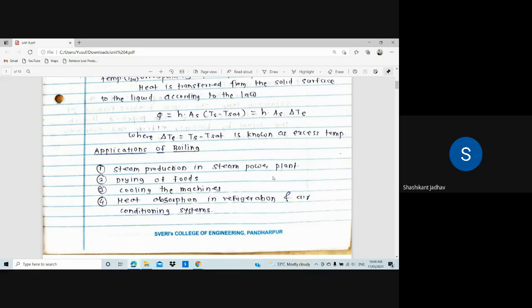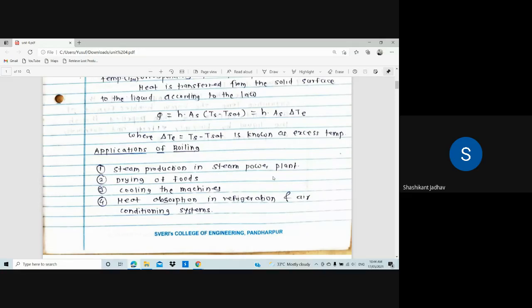Okay, this is the first application of the boiling. Then second, drying of foods. This is the second application of the boiling.